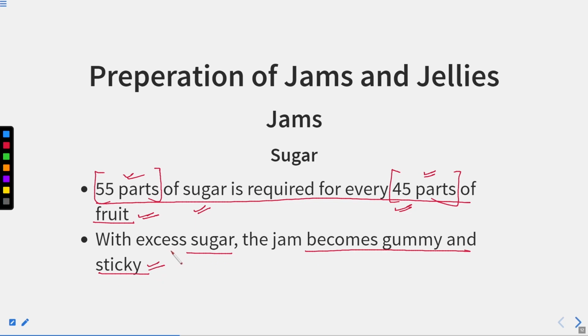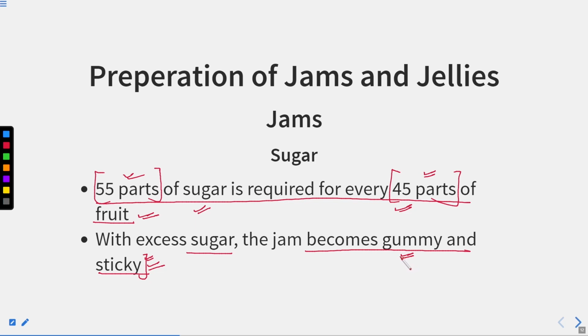So we should take care, because with excess sugar it will be very sticky and the consumer can complain about that, right? It should not be very gummy also, because the spreading will not be easy. The spreading of the jam on the bread or any other foodstuff will not be easy, right?